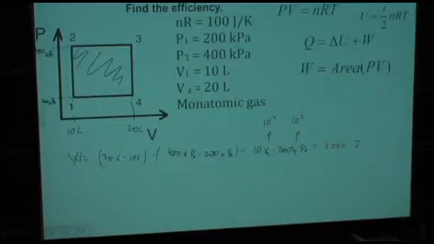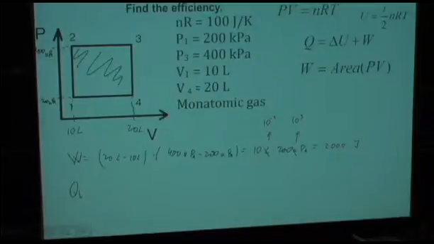Now we need to calculate this thing. Again, not the total heat. We know the total heat of the whole cycle is supposed to be equal to the same number. We need to calculate the amount of heat it takes in.